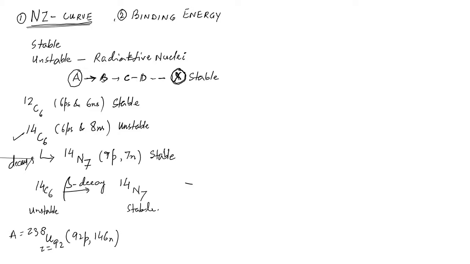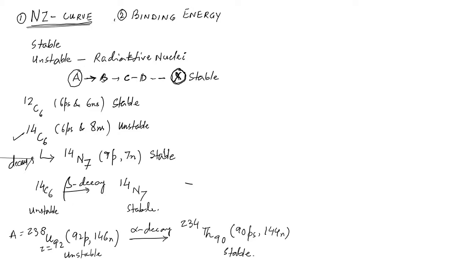It is radioactive, unstable, and it does an alpha decay process, and then it becomes thorium-234 with 90 protons and 144 neutrons. This is the stable one.